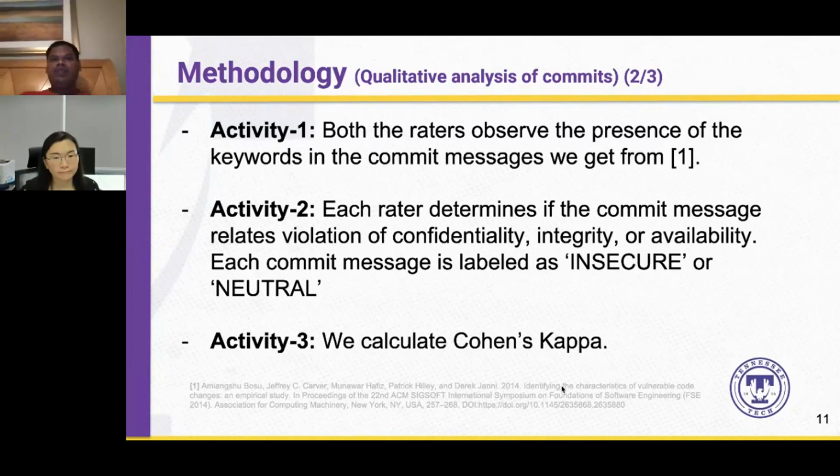Then both raters, who have experience in secure software development and software development in general, looked into each commit message to see if the message itself expresses an action that violates confidentiality, integrity, or availability, the CIA triad. If it does, it's labeled as insecure. Otherwise, it's labeled as neutral. Then we calculated Cohen's kappa to measure the inter-rater agreement.